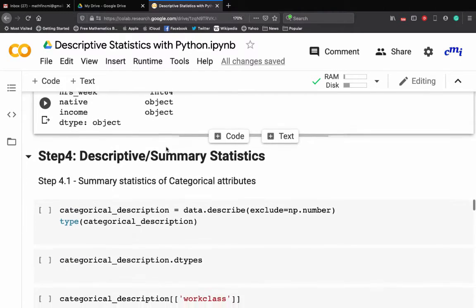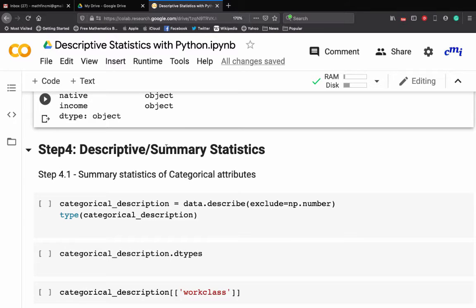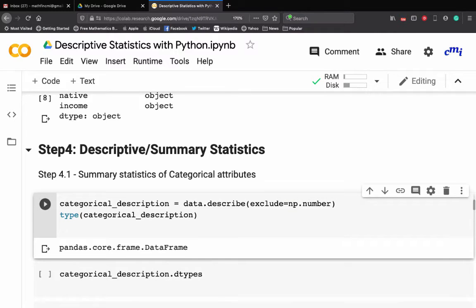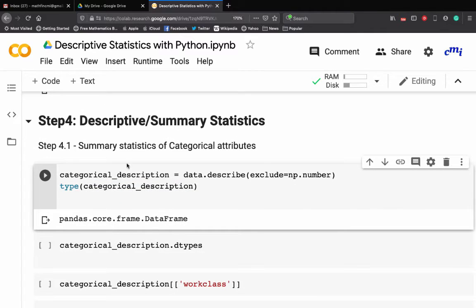The fourth step is to start looking for the descriptive or summary statistics. First we will look at the summary statistics of the categorical variables. If you say data.describe with exclude equal to np.number, then it will give you all the descriptions as a data frame.